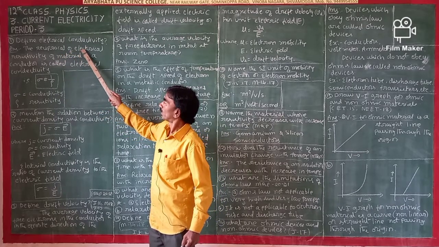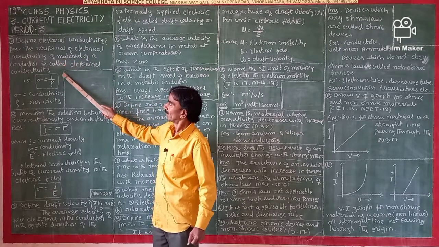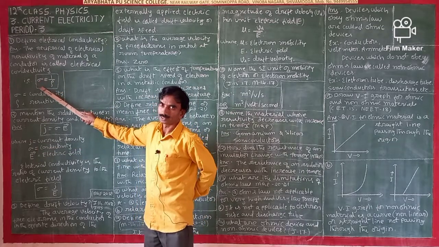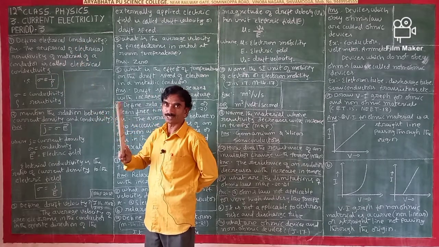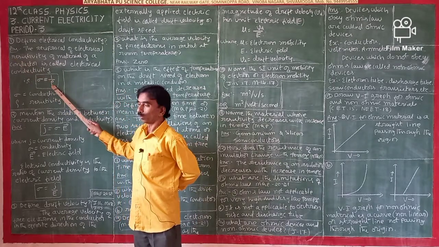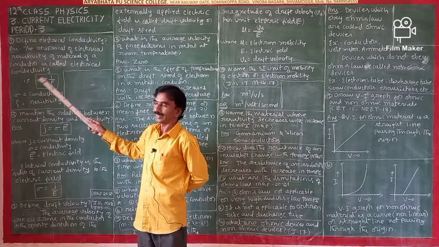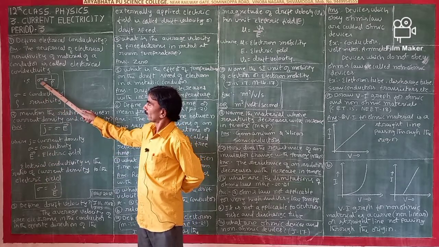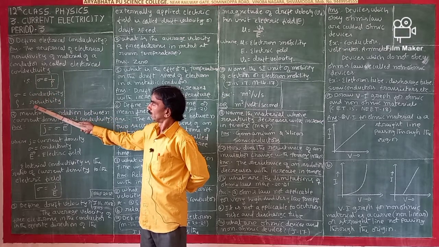Resistivity is denoted by rho, and conductivity is denoted by sigma. You remember these points: R is rho, resistivity, and sigma is for conductivity. So sigma is equal to 1 by rho, where sigma is conductivity and rho is resistivity.